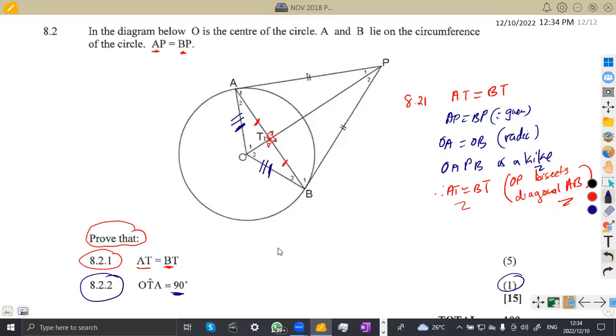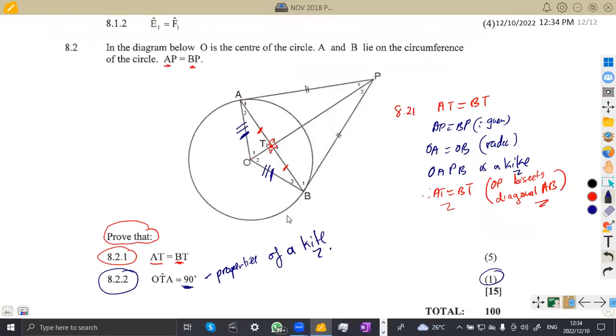What is the reason? You can just say these are properties of a kite, because we already know this from the concept of a kite and its diagonals. We already stated that.